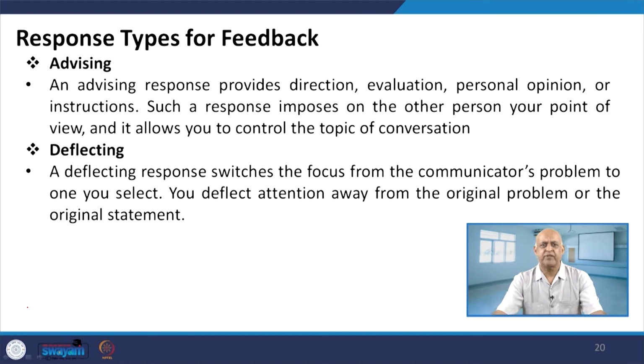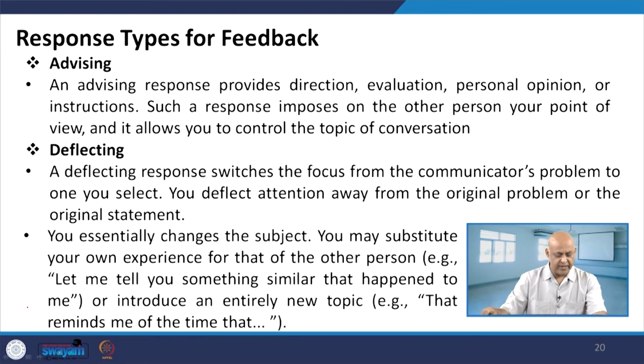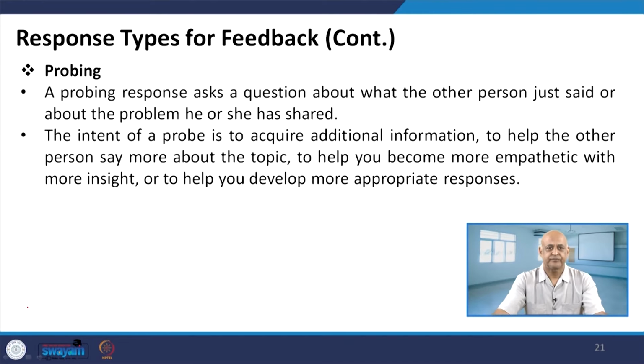If a direct response is given instead of deflecting, then definitely the members will have more and more positive approaches. Deflection happens when we substitute our own experience for that of the other person, saying something similar happened to me, or introduce an entirely new topic that reminds me of a time. In that case you are deflecting.